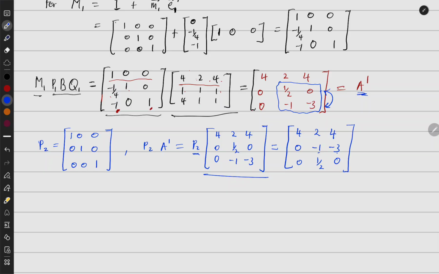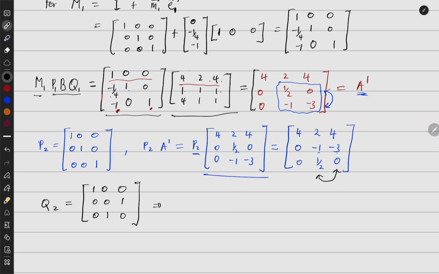Now I have to work with the columns, so I get another permutation Q, which can move this there. My permutation Q2 is now changing these 2 columns. You have no problem with the first column. It's the second and the third that you want to change. So that's why I have that.